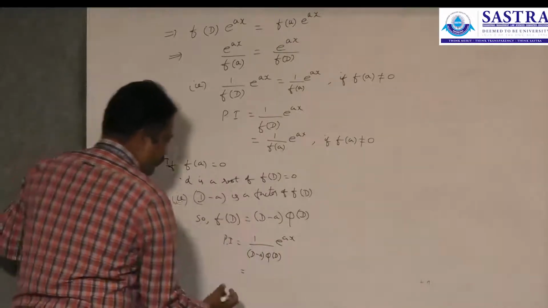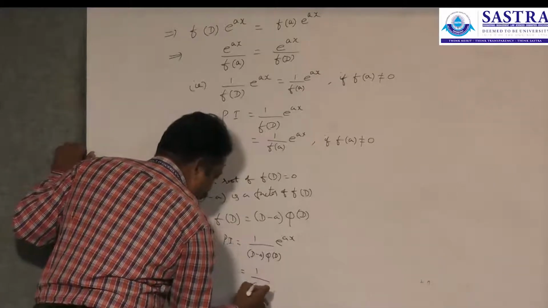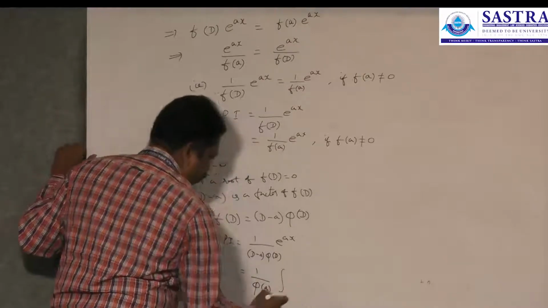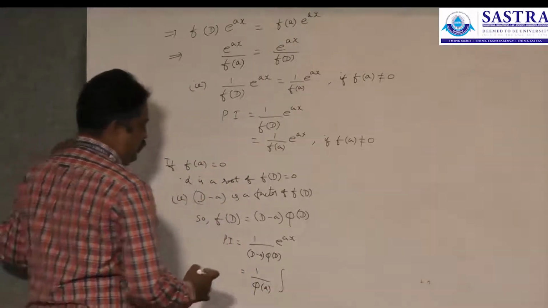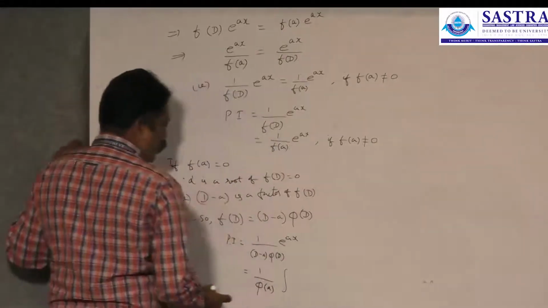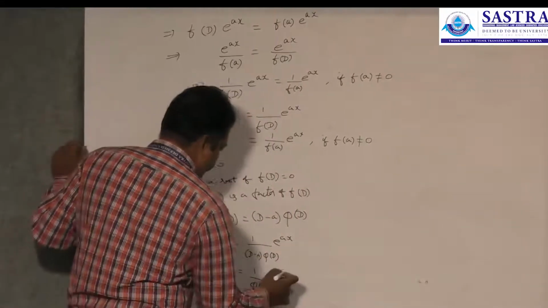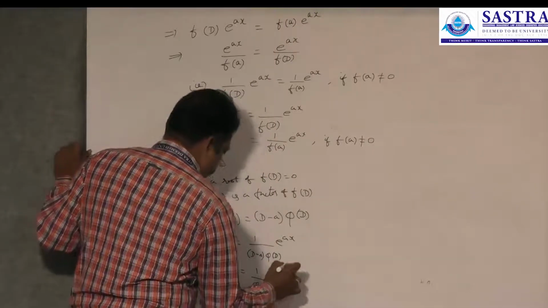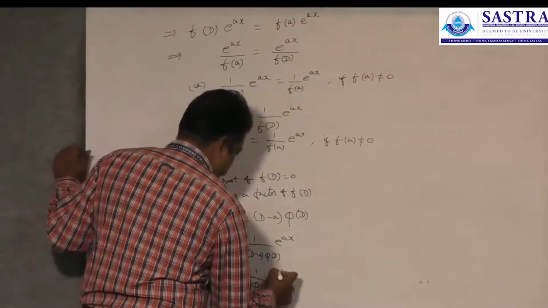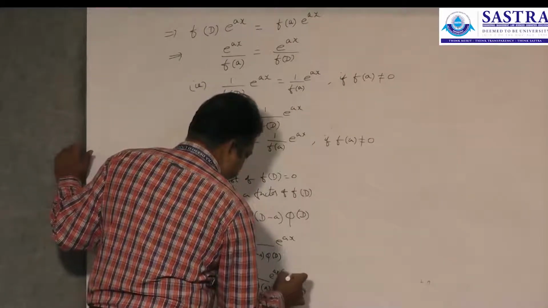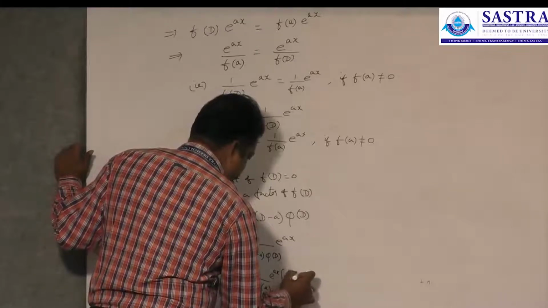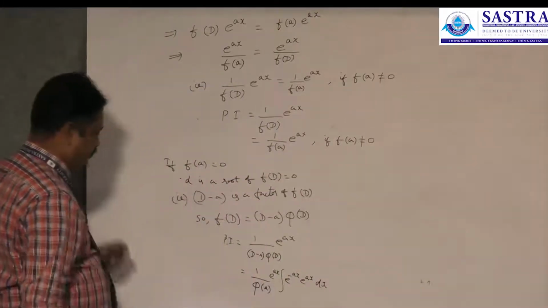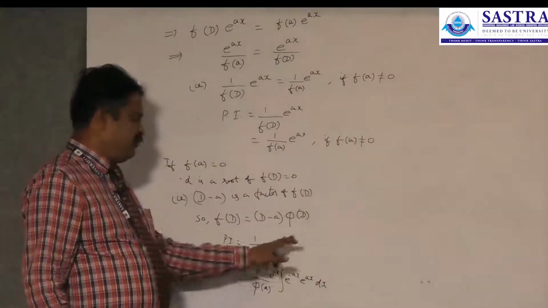So this is nothing but 1 by phi of a, e to the power ax, integral e power minus ax into e to the power ax dx. That is, if you operate 1 by d minus a, we get this.